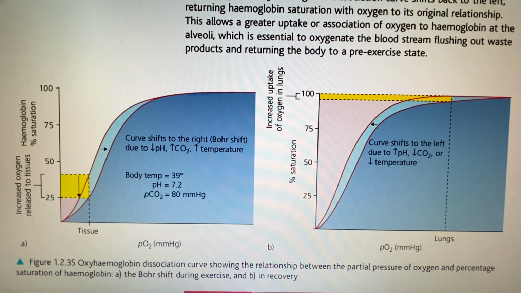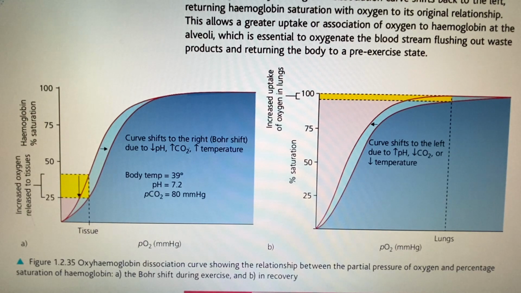So you have a very low partial pressure of oxygen in the muscles, about 15 millimeters of mercury versus about 40 at rest. Now, that in itself means that there's going to be a lot of oxygen being given up by your hemoglobin, so dissociating from your hemoglobin and making its way into the muscle.